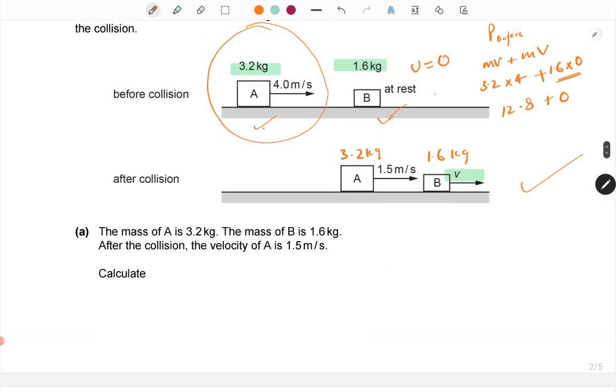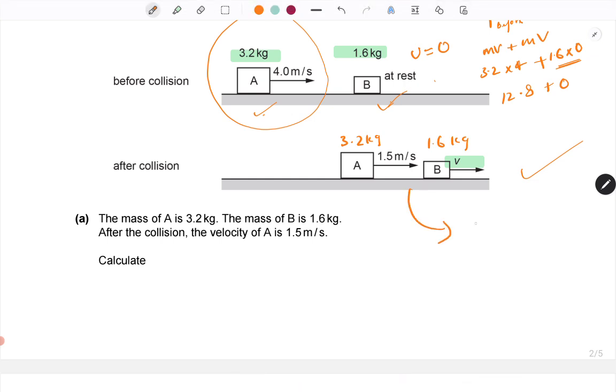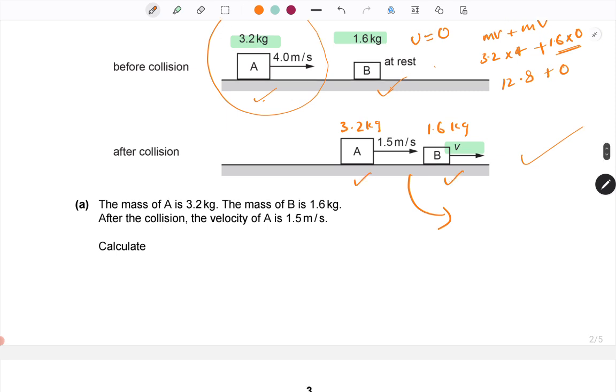Let's see the total momentum after collision. This is the after collision story. It is the momentum of body A plus the momentum of body B. So momentum of A is 3.2 into 1.5 plus 1.6 into V, right? 3.2 into 1.5 is 4.8.